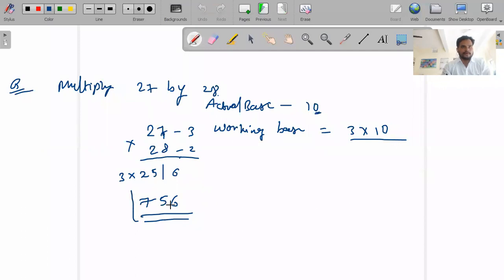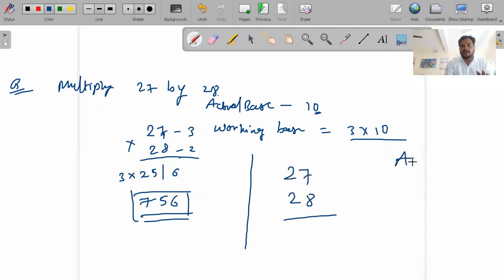Okay, is this okay? Multiplication of 27 by 28. One more time. See here, 27 by 28. Suppose I am taking actual base as 100.